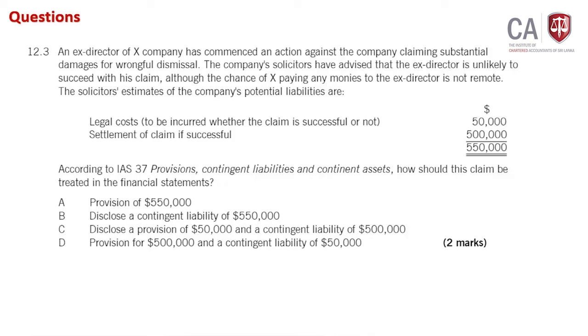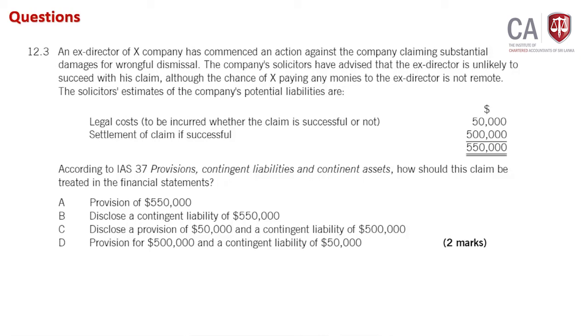An ex-director of X company, previous director, right? The previous director has commenced an action against the company claiming substantial damages for wrongful dismissal.